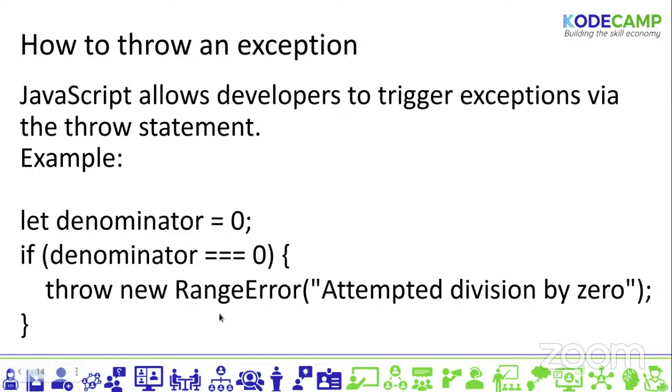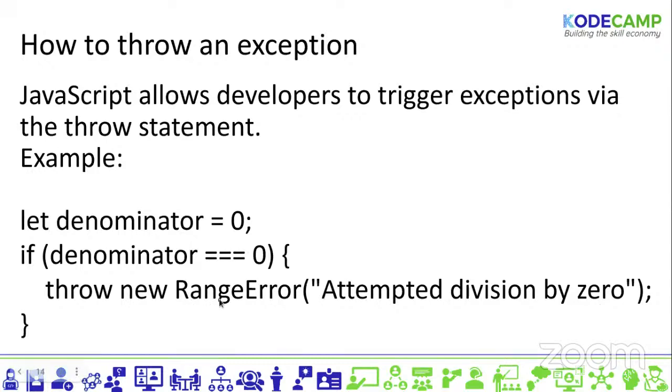This is like saying, instead of allowing the JavaScript interpreter to decide on the type of error, the error name, and the error message, you want to create the error, and then the exception for that error, and you pass in a message for that particular error.